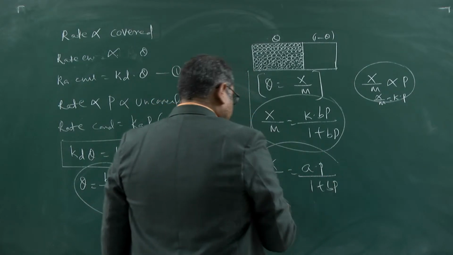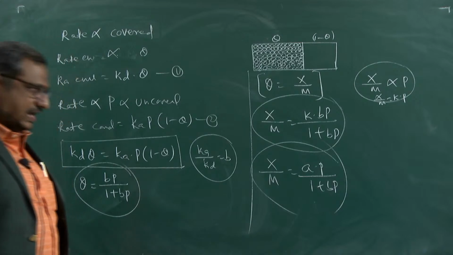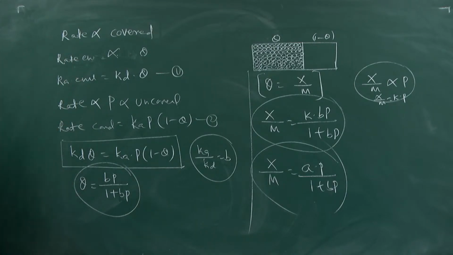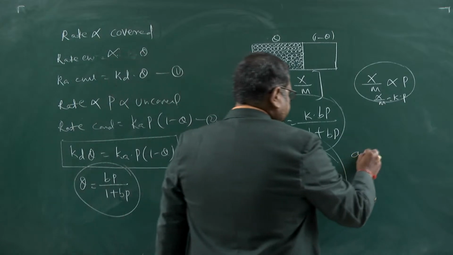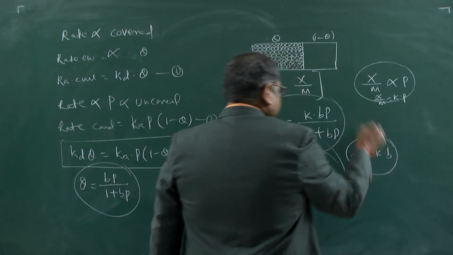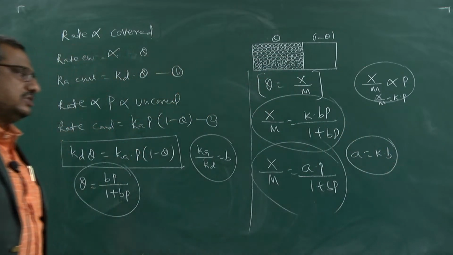So this is the Langmuir adsorption isotherm. Here x means mass of the gas adsorbed, m is the adsorbent, and A is the constant K into B.